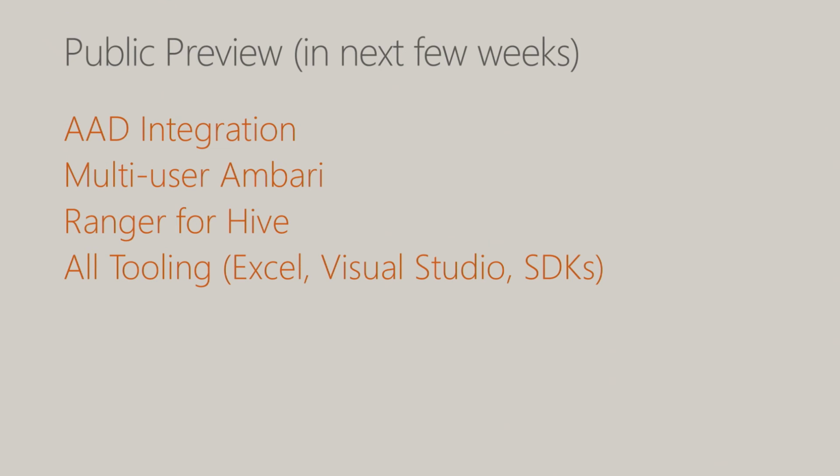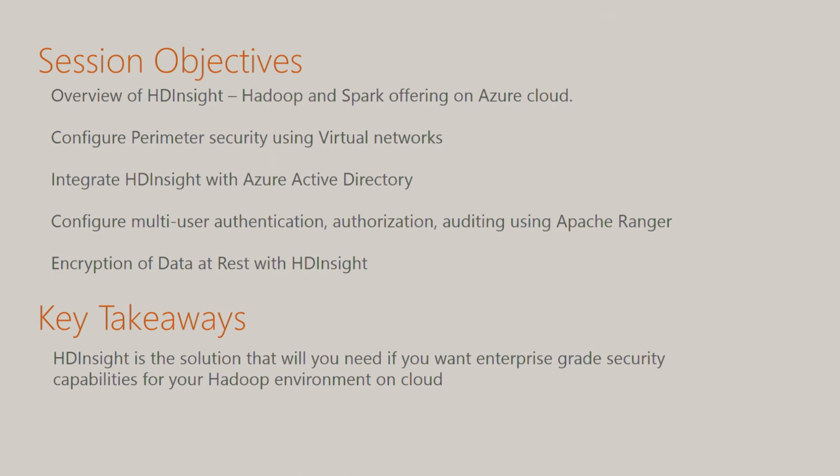So just to recap, we saw a brief overview of what HD Insight is. We saw how easy it is to create an HD Insight cluster. And then we saw how you can have perimeter security using virtual networks and firewall rules. We saw how you can create an HD Insight cluster using Azure Active Directory and configure multi-user authorization, authentication, and auditing using Ranger.